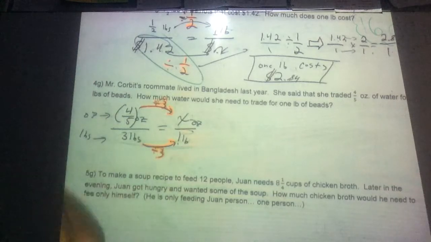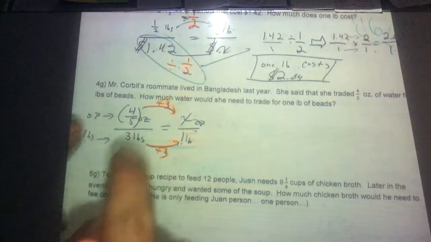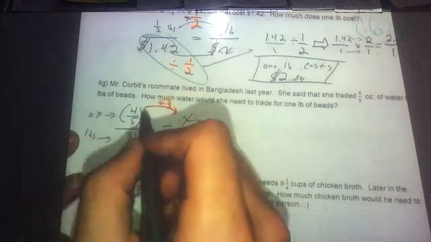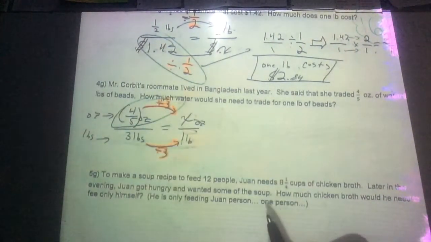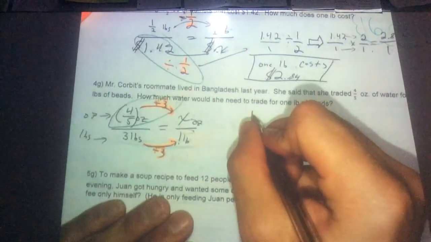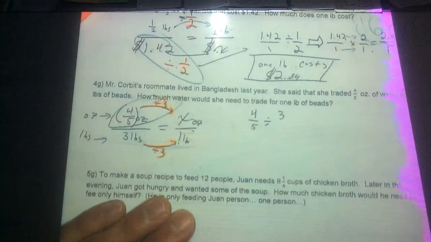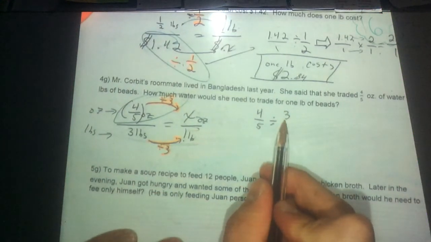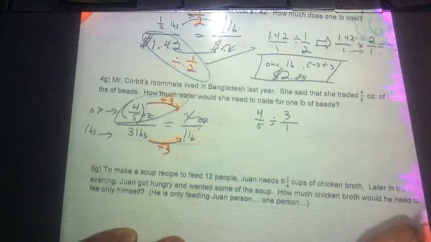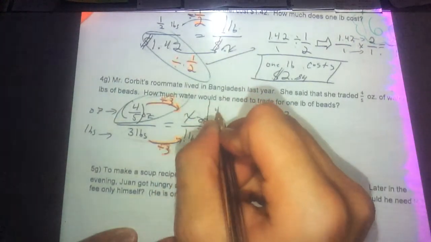So my key operation, this 3 divided by 3 is just going to give me 1 pound. So the key operation that's just separating me from the answer is 4/5 divided by 3. So I'm going to write that over here. 4/5 divided by 3. Now, you notice that I put the 3 up here because we're going to write 3 as 3 over 1. And actually what I'll do is I'll write all my steps.